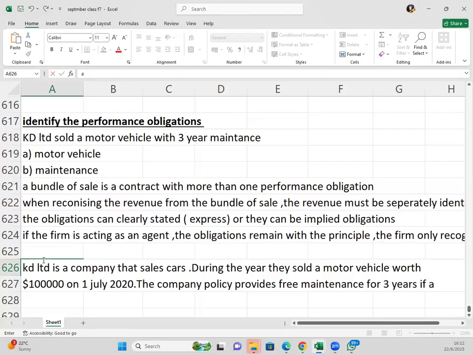If a person buys a brand new car, it provides free maintenance for 3 years.